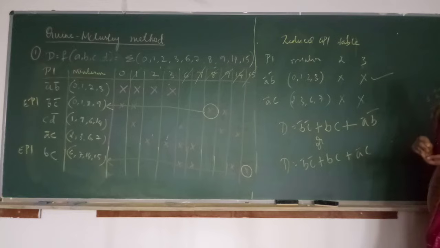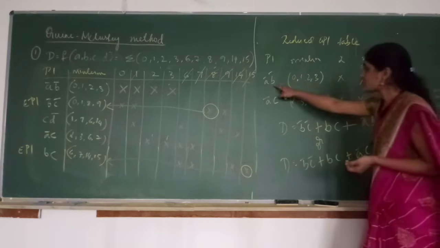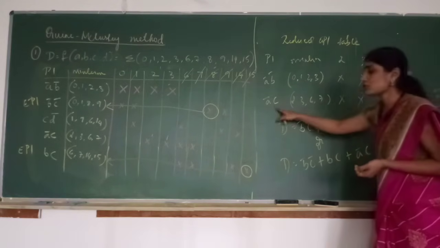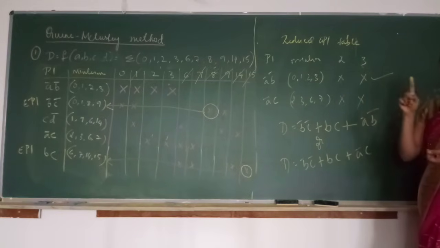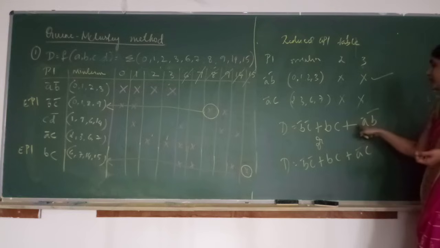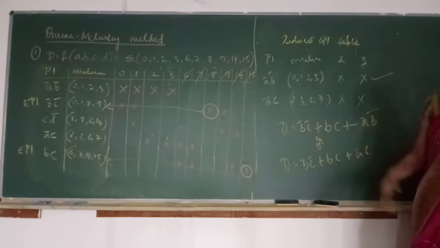So for this particular problem, we have two solutions, this or this. Why take only one term? Any one term, because this is also covering 2 and 3. This is also covering 2 and 3. Why take both? Take any one. Correct. So this is the final answer we have got.